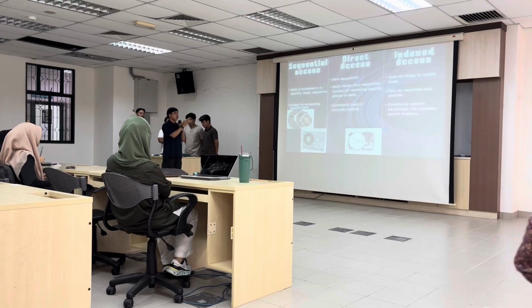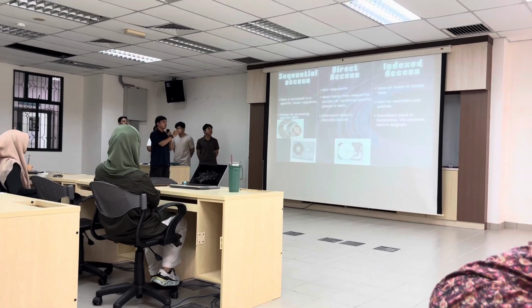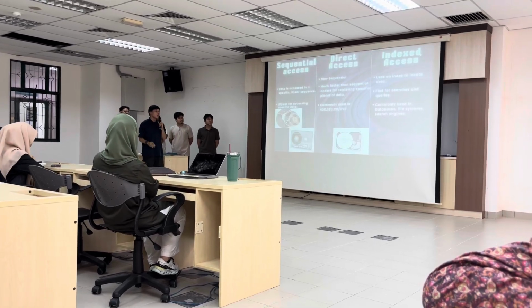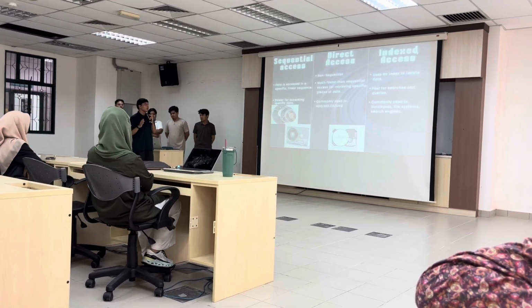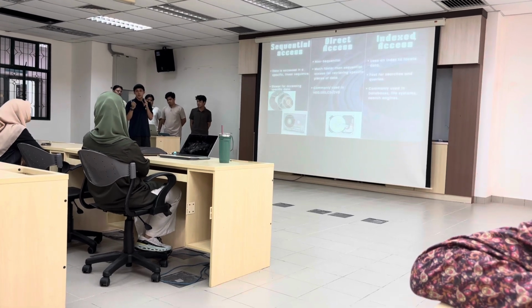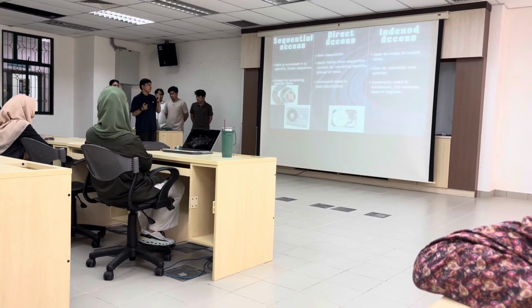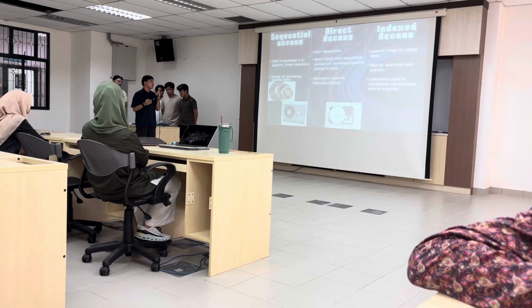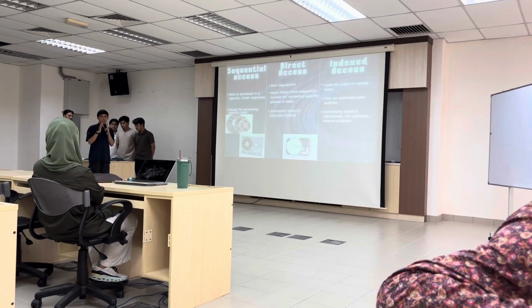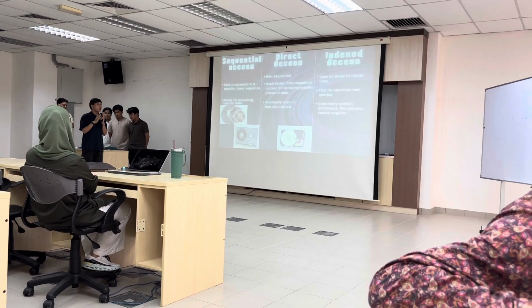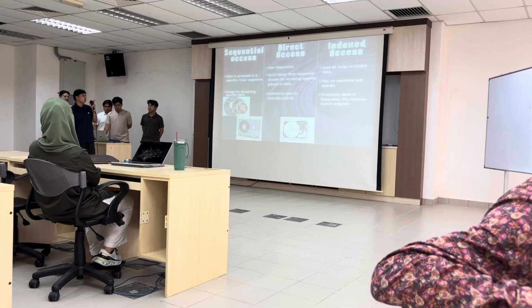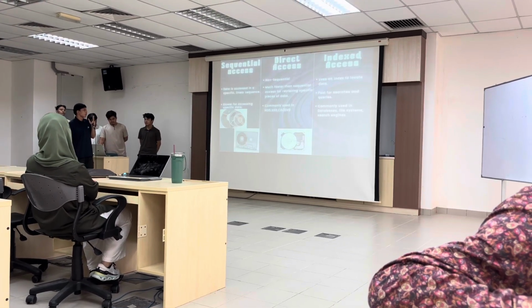So after using the index access, it is followed by direct access. But it takes more time because we have to look up in the index and then follow with direct access. If we use only direct access, it would take less time. Basically, it is used in databases and file systems.